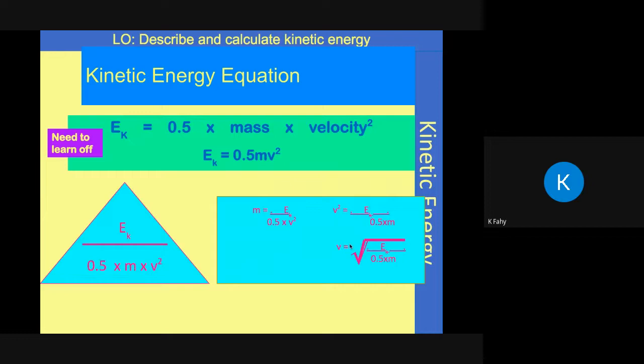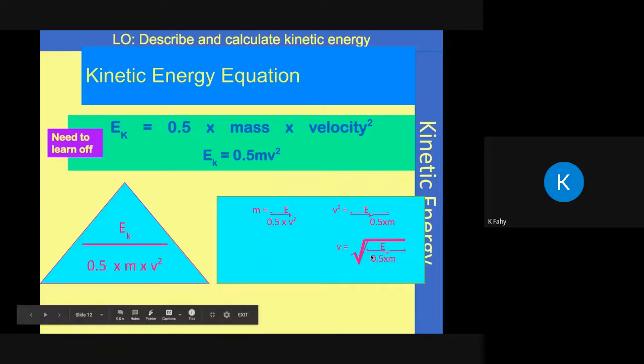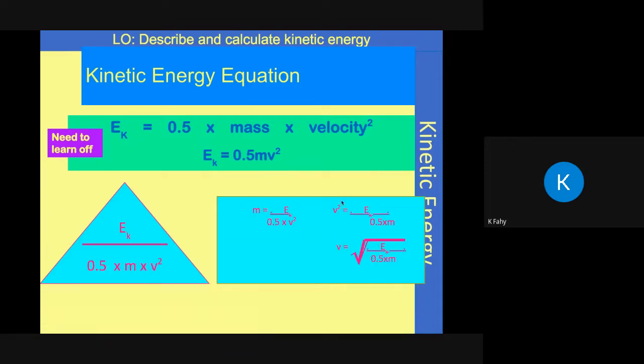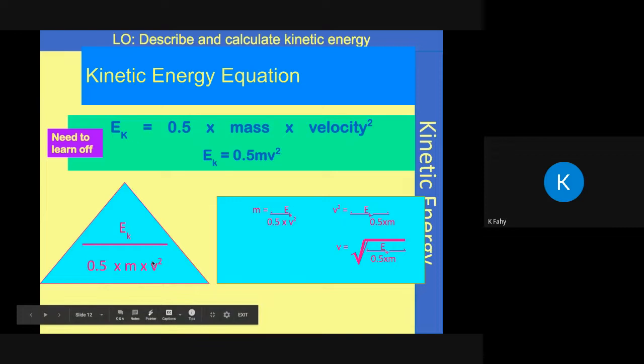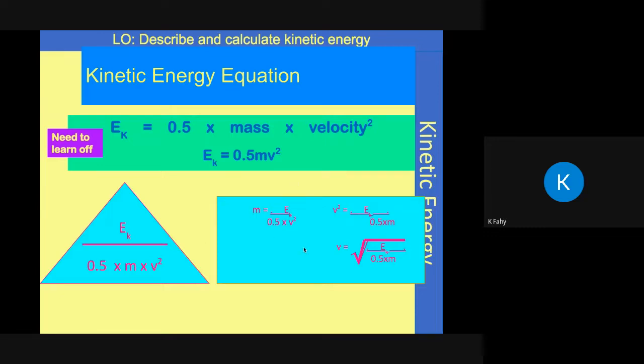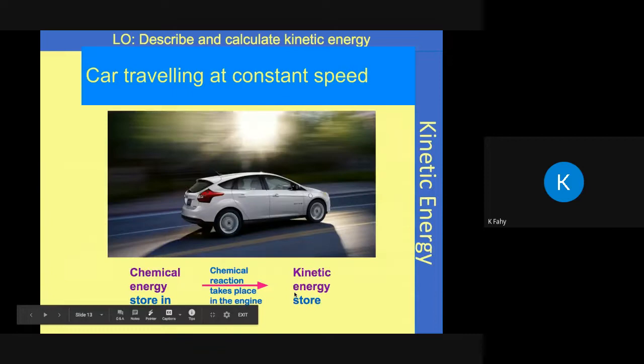But to get velocity by itself, we have to get the square root of this whole thing. Because look up here, we're looking at our velocity squared. So we must get the square root to find velocity by itself. Again, you've got your triangle over here if you find that useful, but you do need to learn this equation off by heart, and you need to be able to rearrange it to get mass and velocity by themselves.